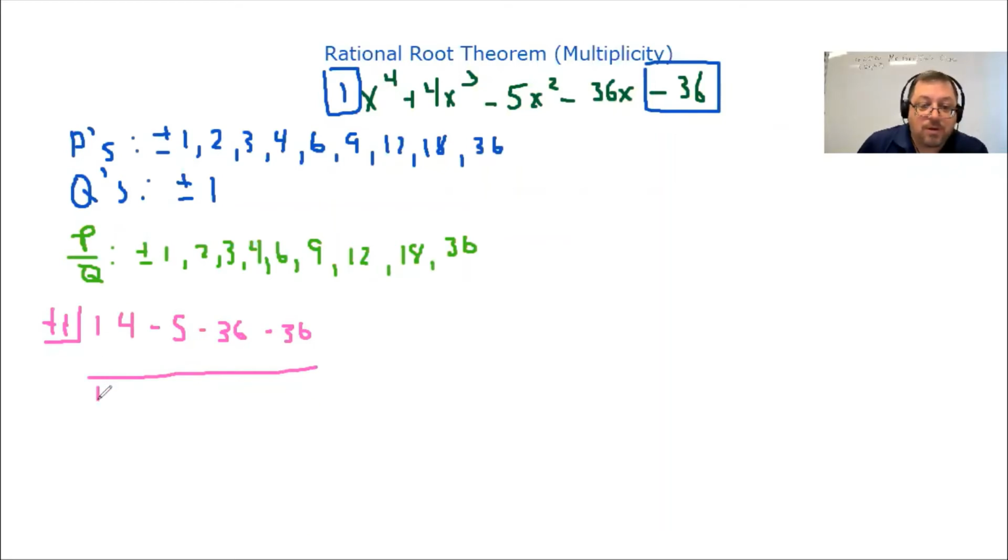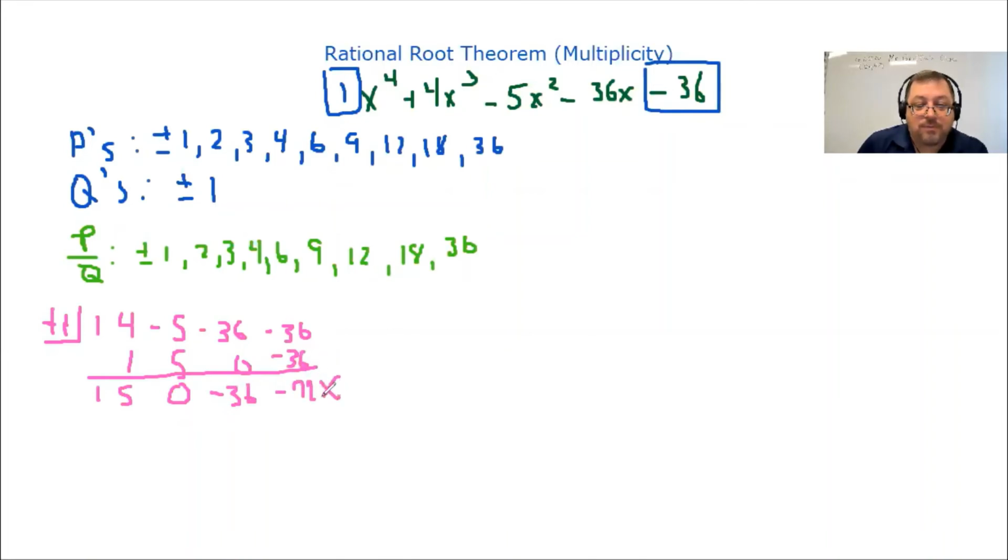So let's bring down 1. 1 times 1 is 1. 4 plus 1 is 5. 1 times 5 is 5. Negative 5 plus 5 is 0. 1 times 0 is 0. Negative 36 plus 0 is negative 36. Negative 36 plus negative 36 gives negative 72.